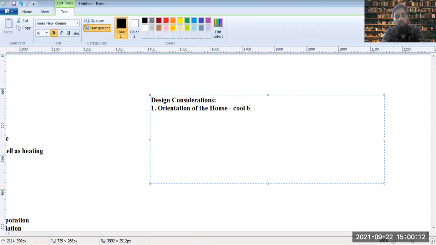किस डायरेक्शन में कूल ब्रीज चलती है, पोजीशन क्या है आपके घर की, what is the position of your house, what is the landscaping that you are doing around your house.